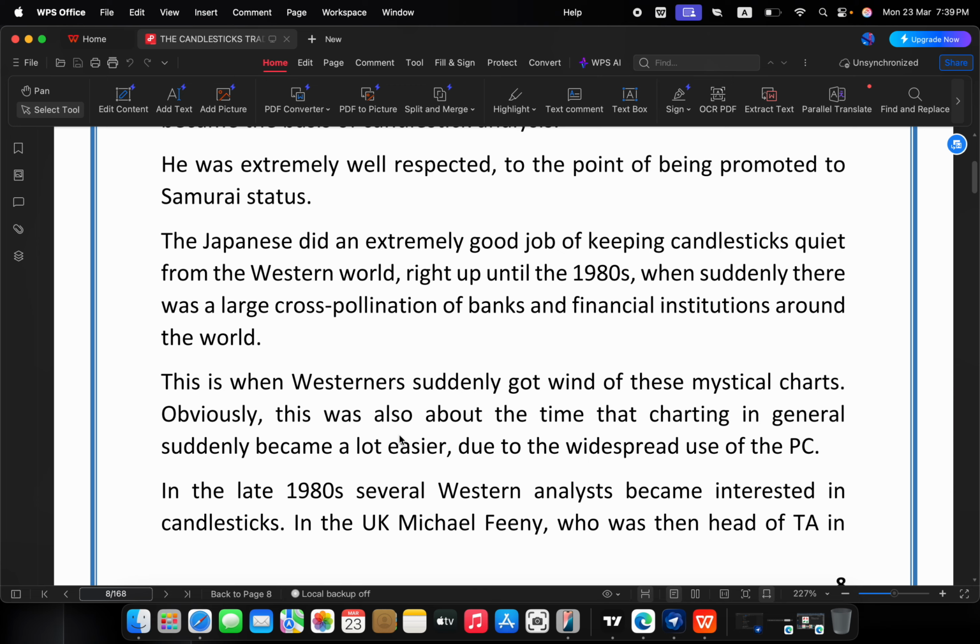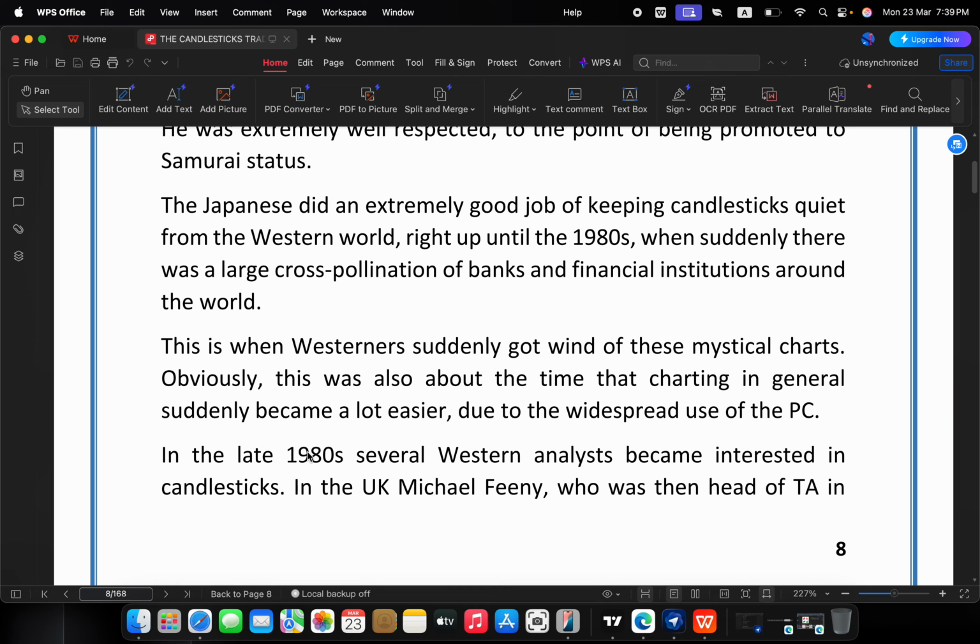This was also about the time that charting in general became a lot easier due to the widespread use of PCs. In the late 1980s, several Western analysts became interested in candlesticks.